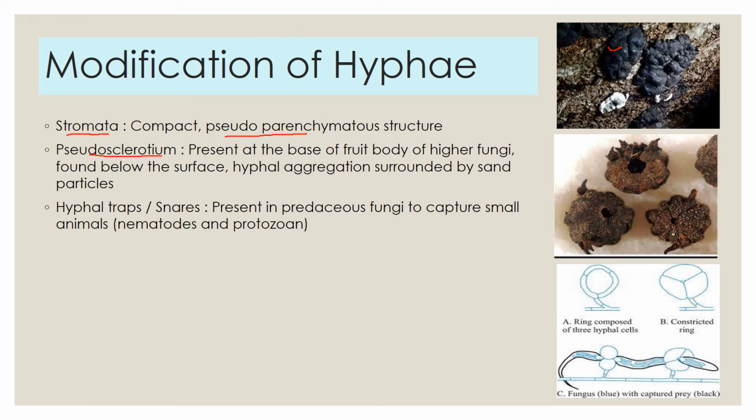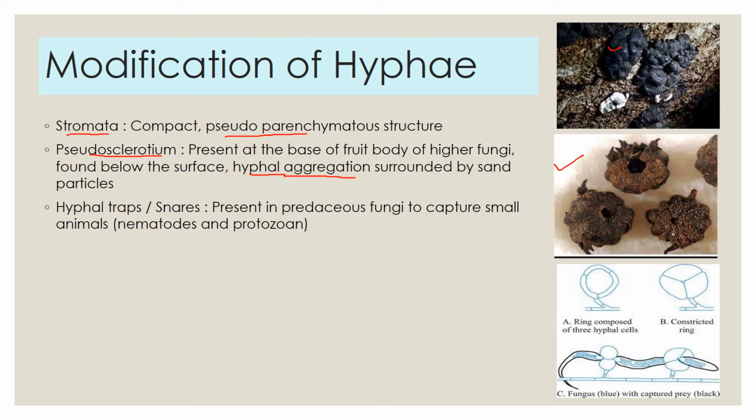It looks like a sclerotium, so it is called a pseudosclerotium, but these are just hyphal aggregations. They are not perennating structures, they are not reproductive structures, just fungal hypha surrounded by particles of sand. This is the picture of pseudosclerotia.